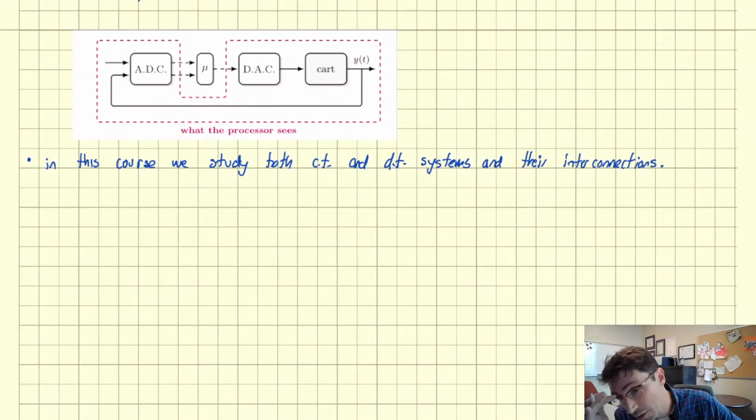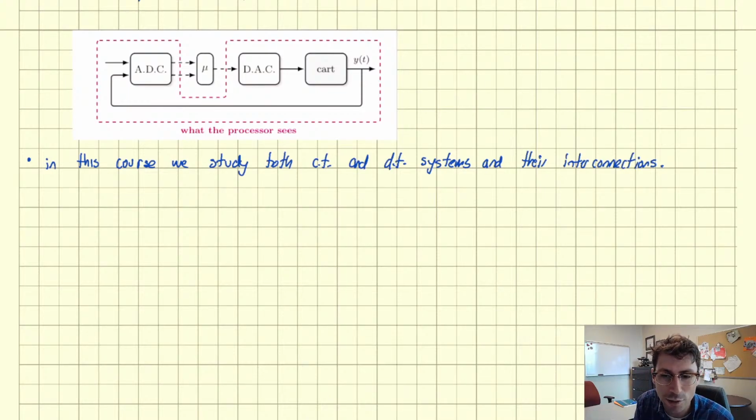If you have a purely continuous time system, you've seen that before. If you have a purely discrete time system, it's not that different. But when you start interconnecting them, things get interesting. In modern language, they would say these are cyber-physical systems, right? Continuous time and discrete time. And so for us, when we have a system which has a mixture of continuous time and discrete time, we're going to call that sampled data.